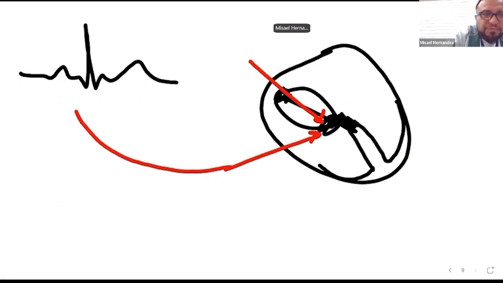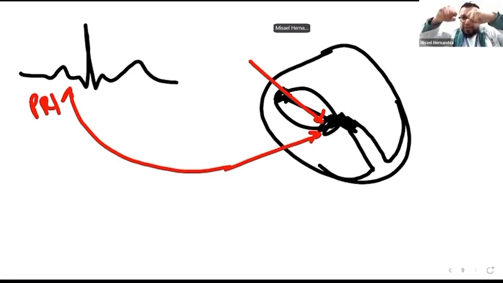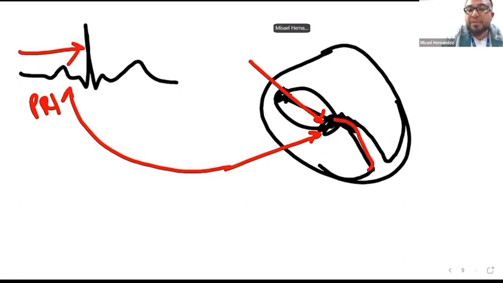That pause is reflective of the PR interval. It's supposed to be short, just a fraction of a second. But we want the electricity to pause so the atria and the ventricles can fill up with blood. And that's what that AV node does. It creates a pause, and then the rhythm goes to the ventricles, and then it subsequently allows the ventricles to contract. When you have a heart block, that pause becomes prolonged.